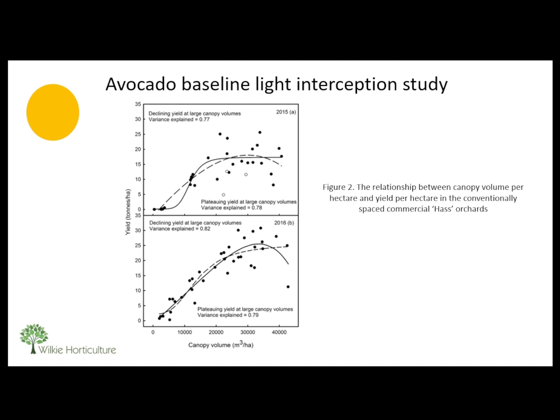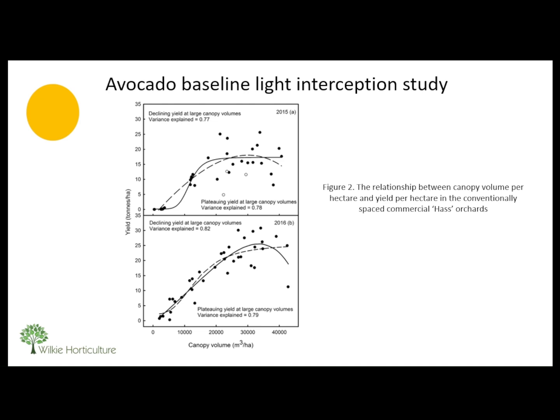Until we get to around about 30,000 cubic metres of canopy volume, maybe a little less, and we start to reach a plateau in yield. Well, one curve is indicating a plateau in yield, another is indicating a peak. But in both 2015 and 2016, it was approximately at the same point, around about that 30,000 cubic metres of canopy volume.